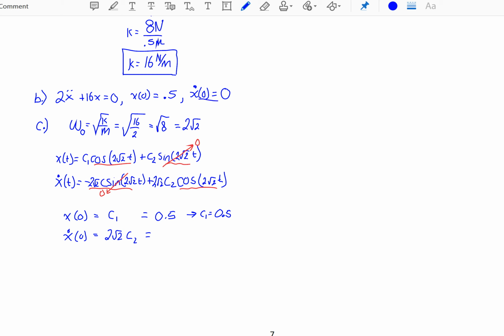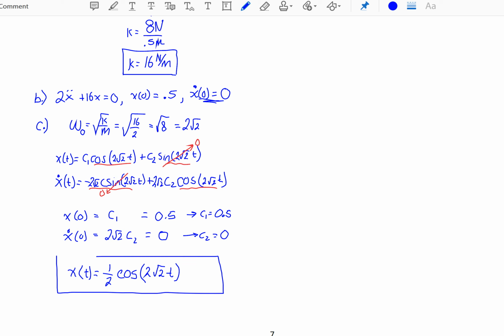And our initial velocity was 0, which tells us c2 has to be 0, which gives us the solution to our initial value problem as x of t equals 1/2 cosine of 2 root 2t. This should describe the motion of our spring mass system.